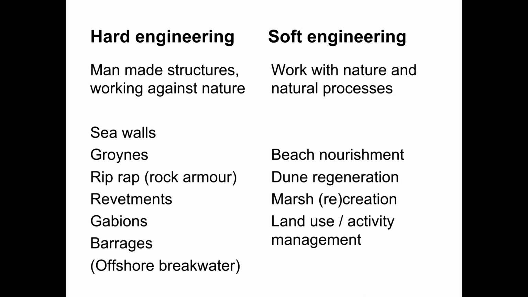Now, the next video that I'm going to do is going to talk you through the kind of options within that. So you've got your four main options about actually what you're going to do, and then once you've made your decision that you're going to do something, maybe it's managed retreat, maybe it's hold the line, maybe it's advance the line. So you've got three options which involve doing something.